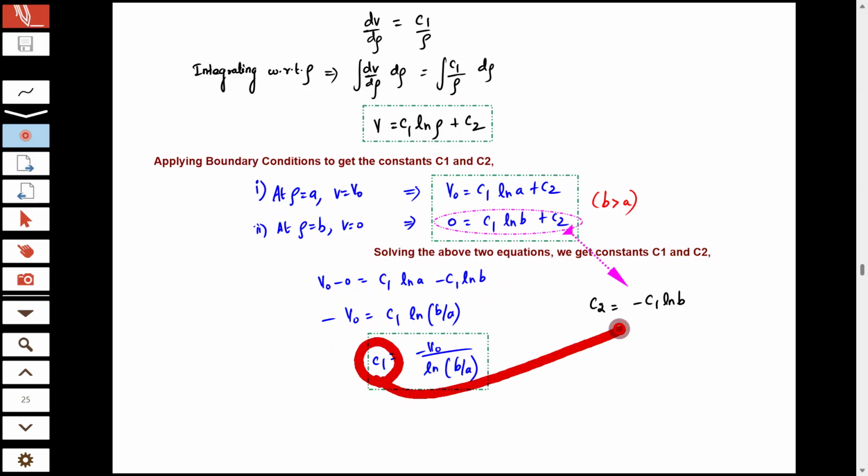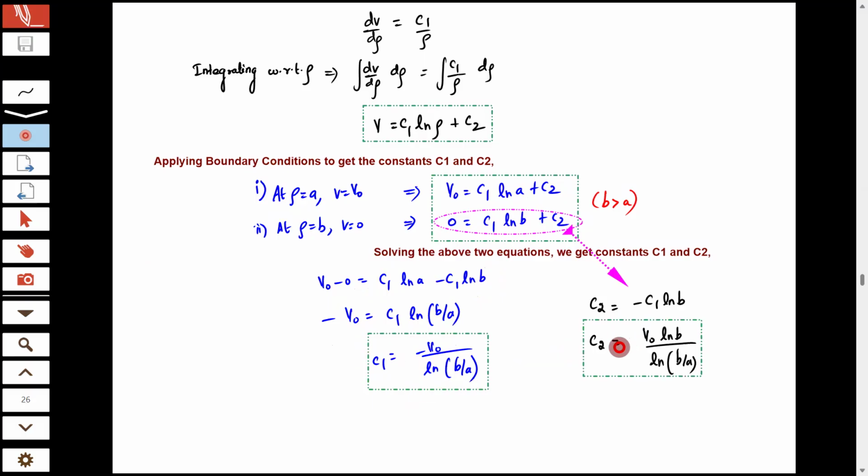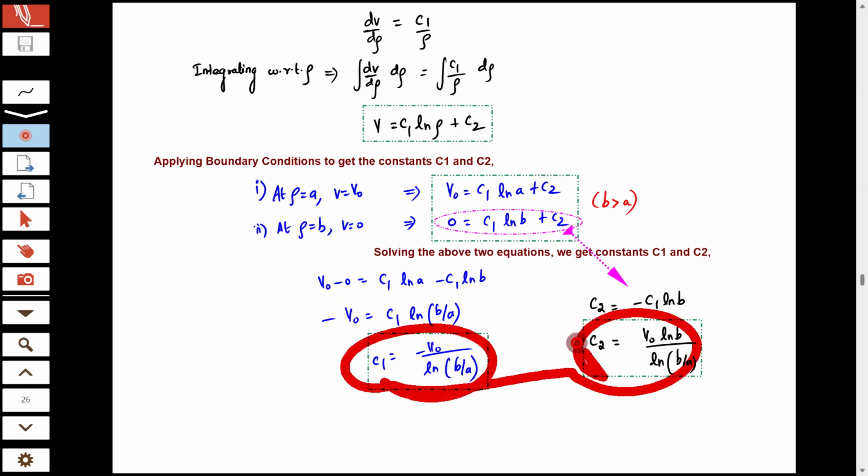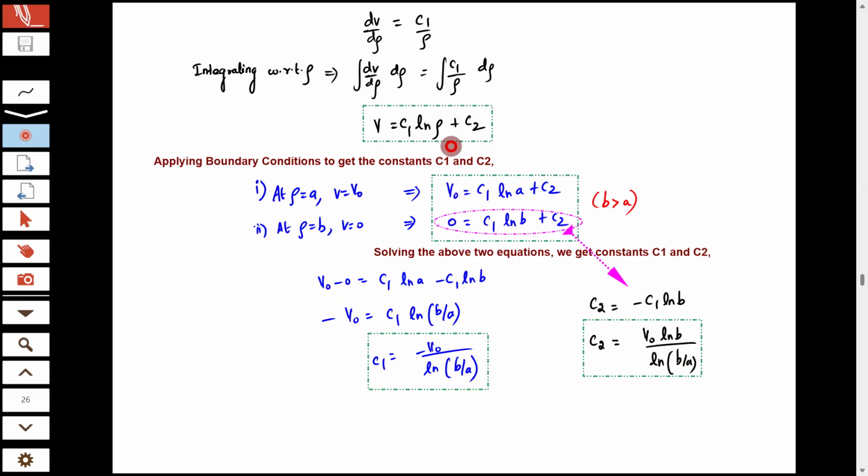Now applying the C1 here, we can write the C2 value also. So C2 can be written as V naught logarithm B by logarithm B by A. Instead of C1, we write this, multiplied with logarithm B, and the negative signs cancel. We get C2 as V naught logarithm B by logarithm B by A, and C1 is minus V naught by logarithm B by A. By applying these two, C1 and C2, into this expression, we get the potential V as a function of rho.